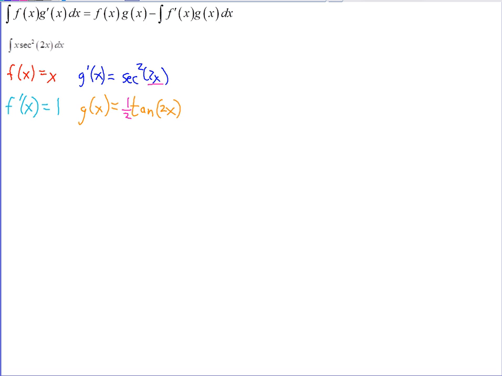So then, this is an indefinite integral. You can see this integral would equal f of x, which we have as x. Remember, these are the original functions, not the derivatives, so x times g of x, which we just figured out, is 1/2 tangent of 2x.